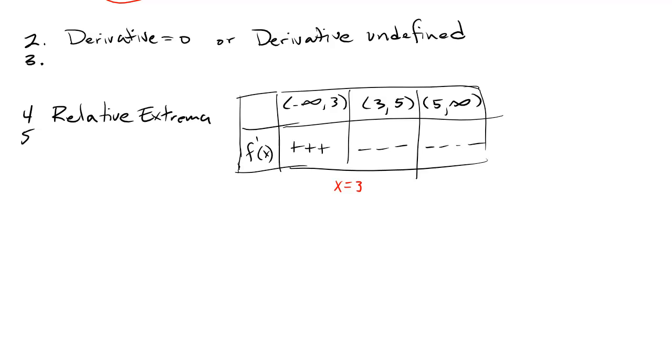So on this particular problem, we're not given a function, we're just given a table. So we know that x equals 3 would be a relative max. And that's only because we can only answer what we're shown.